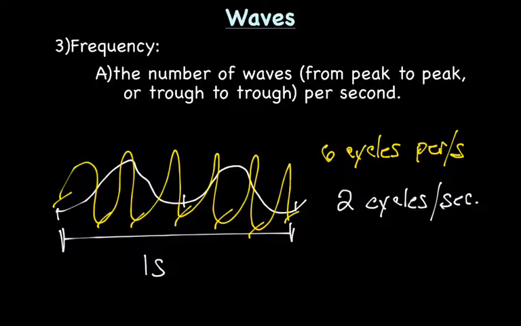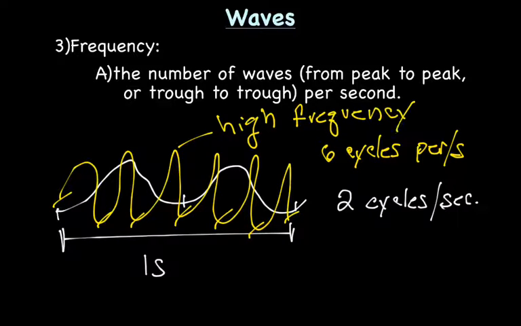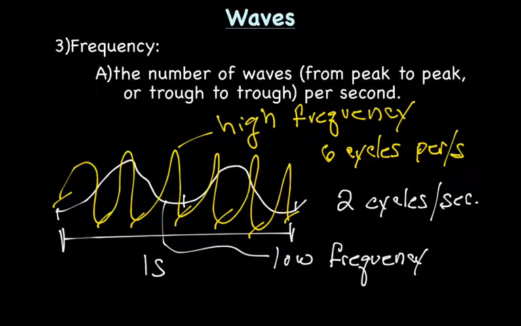The yellow one is higher frequency, more cycles per second. And the white one here would be a low frequency, or fewer cycles per second.